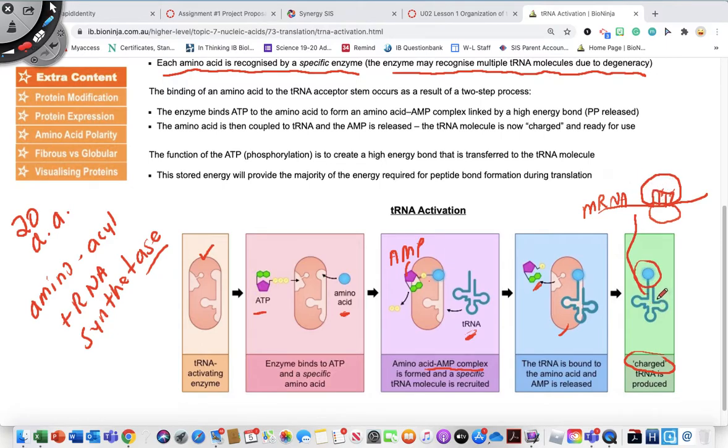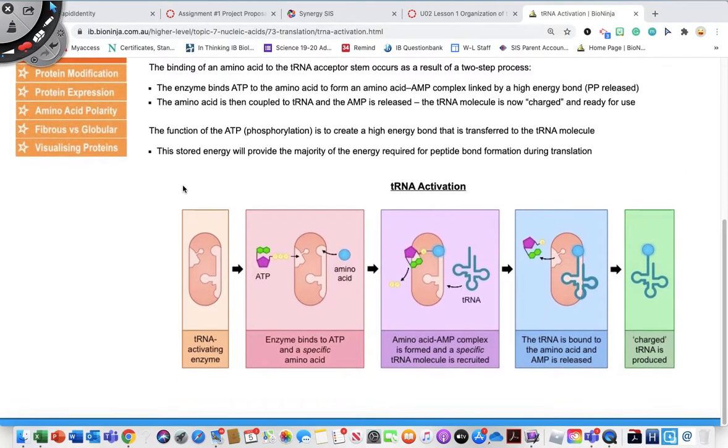And then this tRNA can be reused again because this process can be repeated, right? Remember that enzymes can be used multiple times. Okay, so now tRNA is activated or has been activated, and translation can happen. Okay, that's it for today.